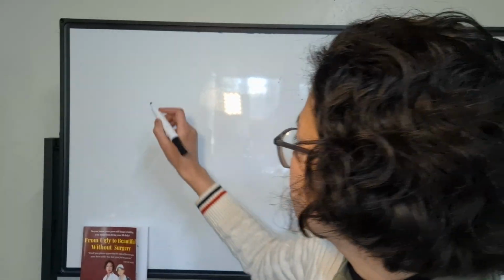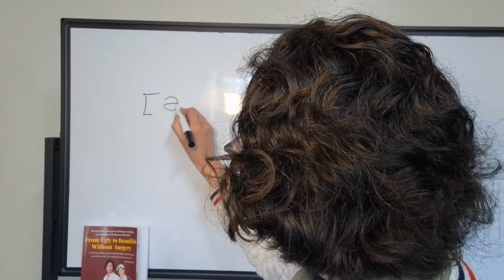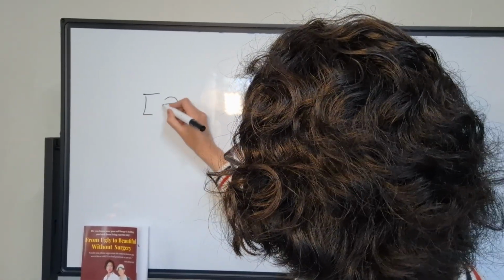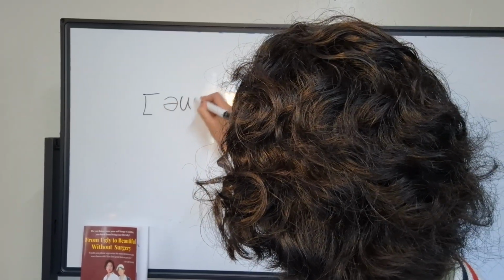So I don't like this beside way. Okay, so this one is O. It looks like a circle, but it goes in. Okay, O.